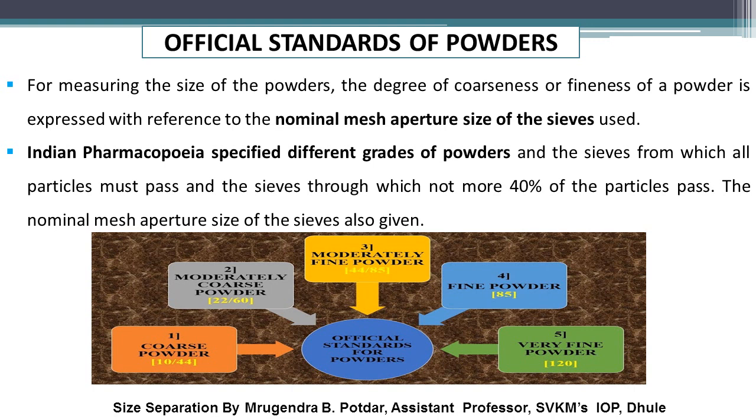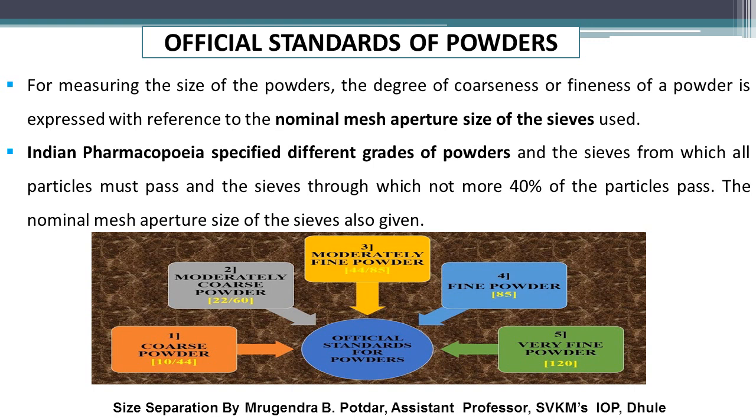Coarse powders are those powders whose particles all pass through sieve number 10 and are retained on sieve number 44, but at least 60% will be retained on sieve number 44, and not more than 40% of particles will pass through sieve number 44. That kind of powder is called coarse powder.